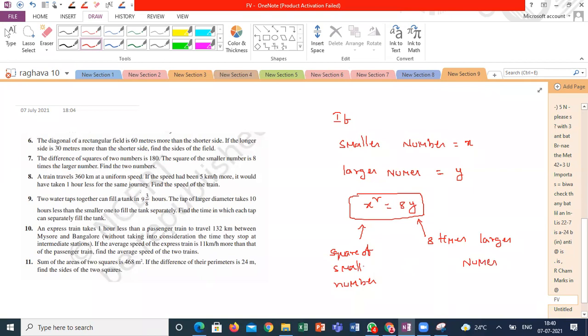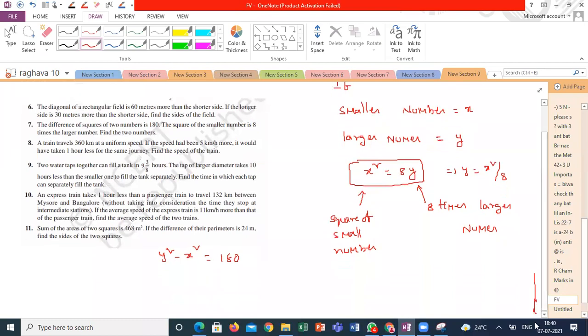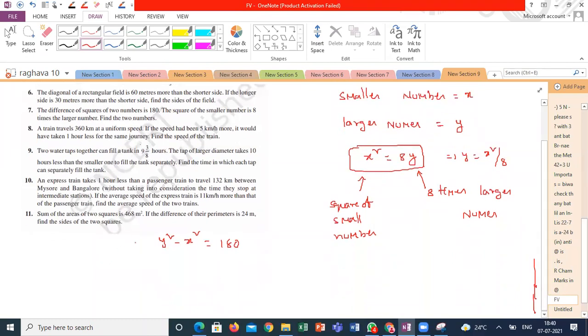So x square is 8y. From here I can write y is equal to x square by 8. Am I right, guys? Yes, sir. Now the difference of the squares: y square minus x square is equal to 180. If I substitute the relation between x and y, I will get a single equation.